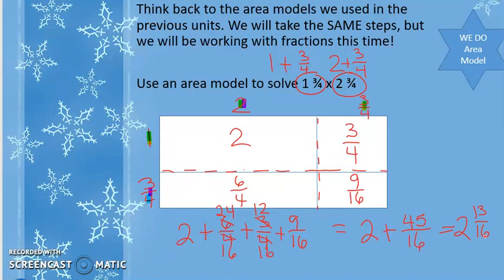We cannot simplify 13 sixteenths because 13 is a prime number, which, remember, means it has factors of only 1 and itself. We need to remember to add in our other whole 2. So our answer to this area model is 4 and 13 sixteenths. Okay, so that is the product of 1 3/4 times 2 3/4.